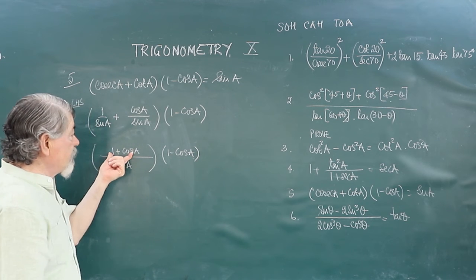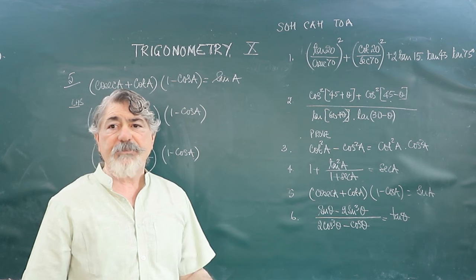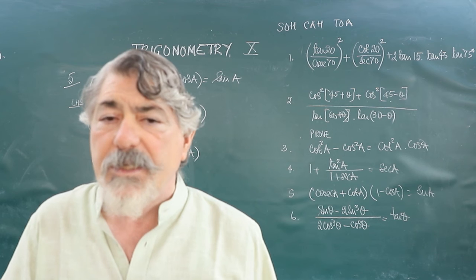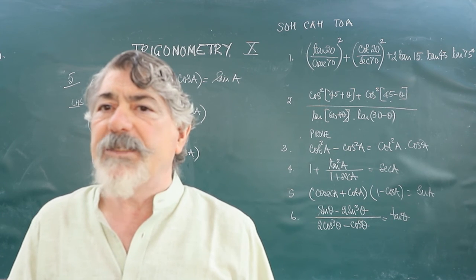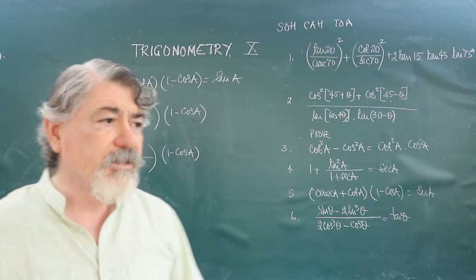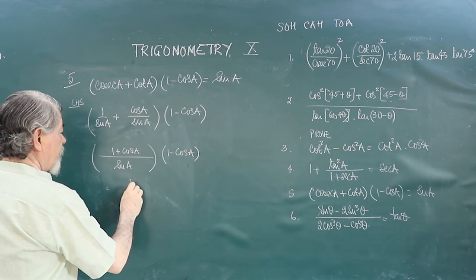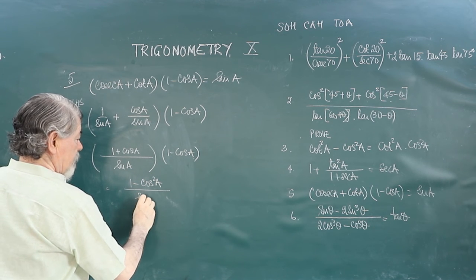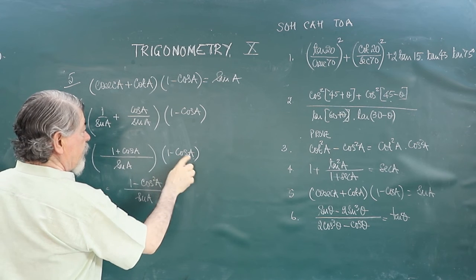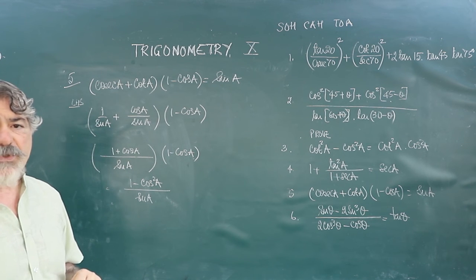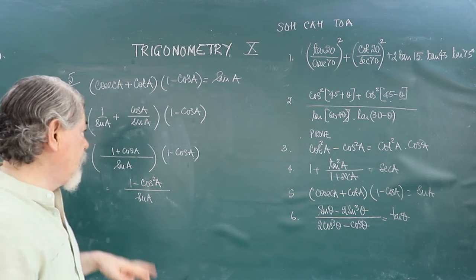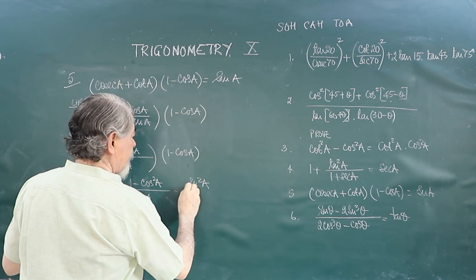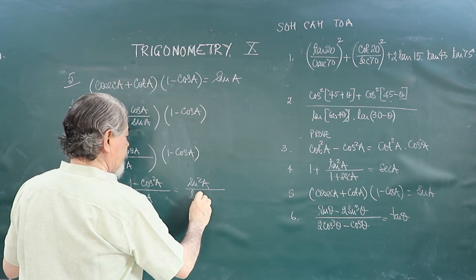Now you will see 1 plus cos A into 1 minus cos A. A plus B into A minus B will give us A square minus B square, which will be 1 minus cos square A upon sin A. So we got A square minus B square. 1 minus cos square A is nothing but sin square A. I was just talking about this before this question.